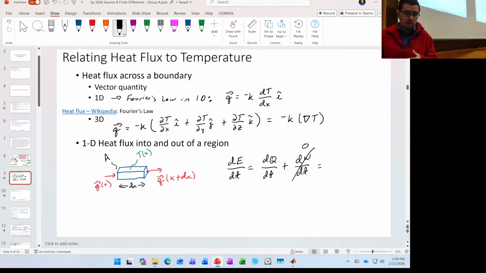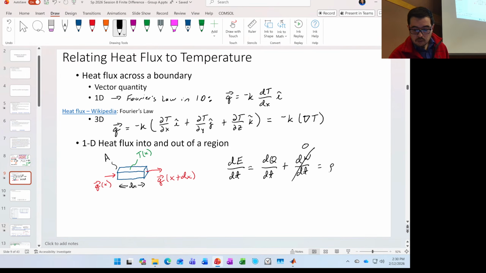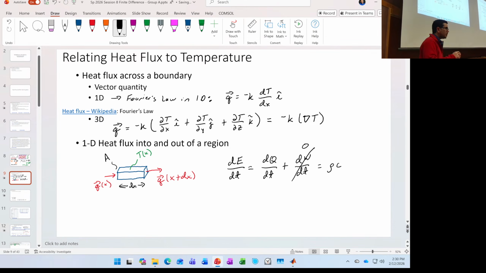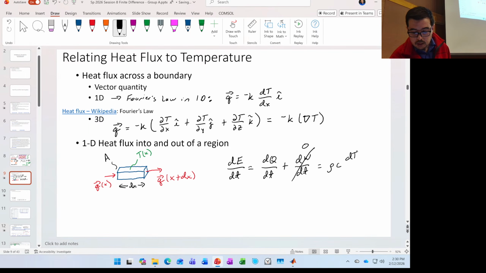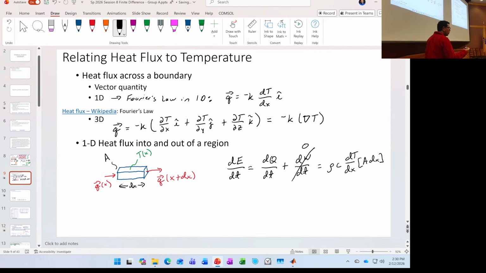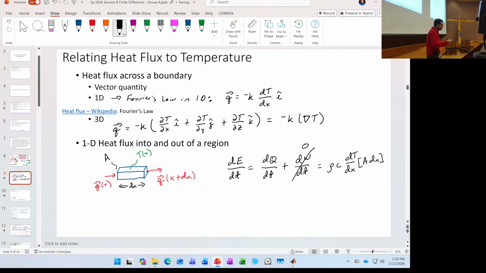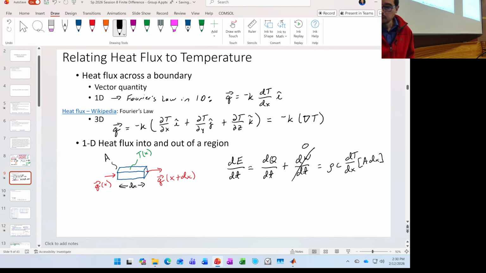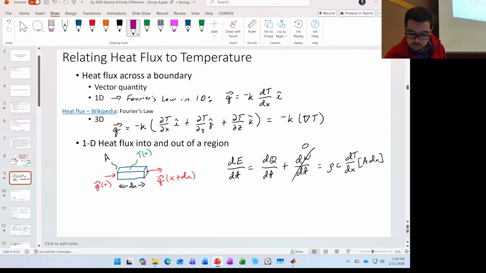If I know how much energy I'm dumping in, I can figure out the change in temperature. So on this very small element, it's the density times specific heat capacity times the change in temperature in this element, times the area times the length. Area times length is volume, so this quantity right here is volume.